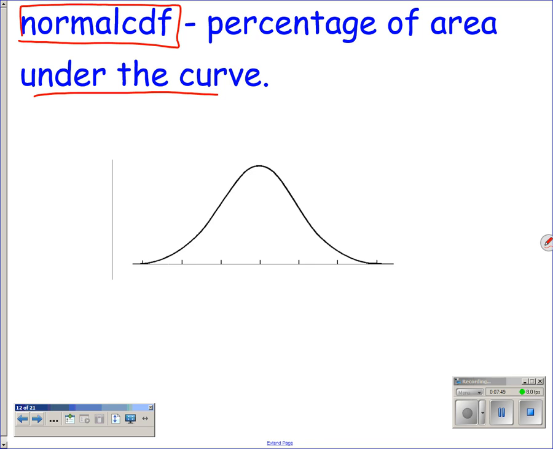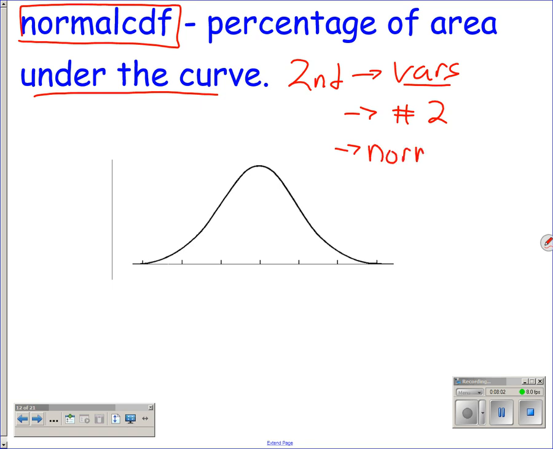So you're going to go to second, press the vars button, second vars, and go to option number 2, I believe. It says normal CDF. That's the menu you got to go to. Whenever you do that, you're going to have to type in 4 values. You'll see a screen with 4 values, and we'll talk about what to type in there.